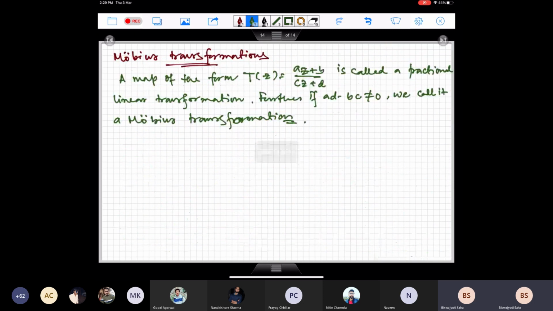Okay, so what is a Mobius transformation? It's a very simple function of the form (az plus b) by (cz plus d), with the additional property that ad minus bc is not equal to 0.